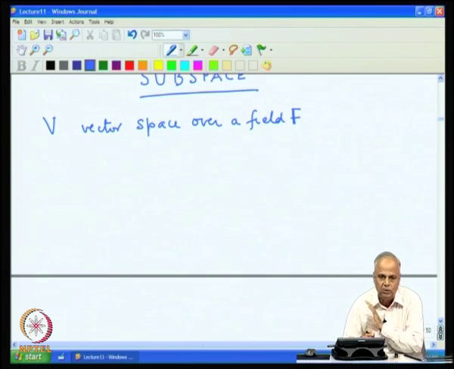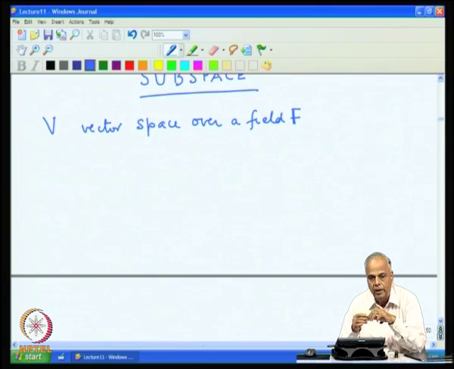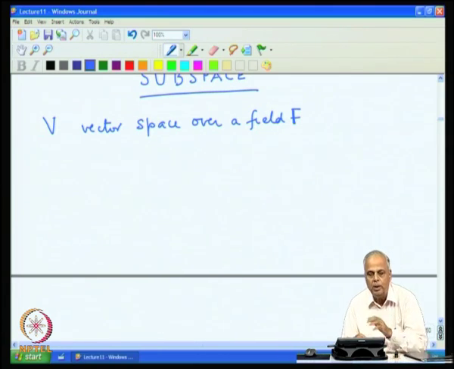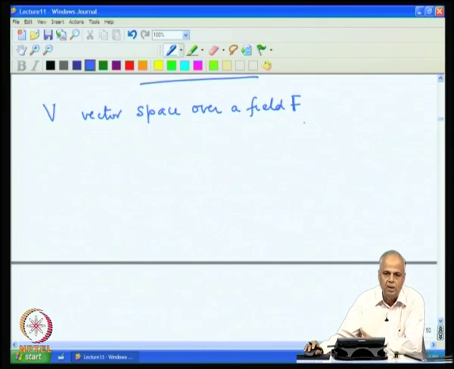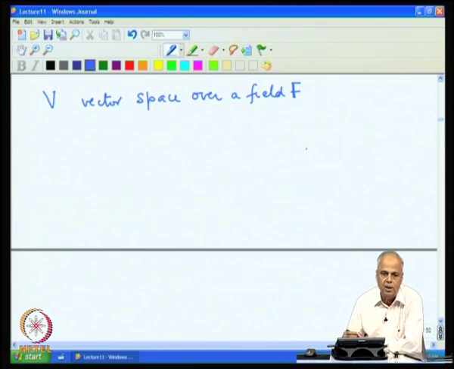The universe in which we work is always a vector space over a field F. We get into the concrete situation by choosing V to be specific and F to be specific. But when we develop general theory, it will be for a general vector space V over a general field F.